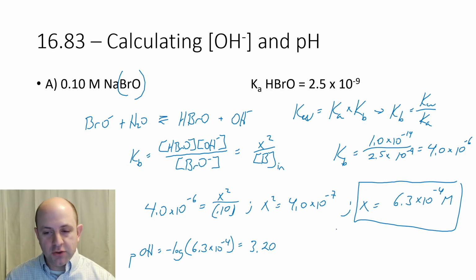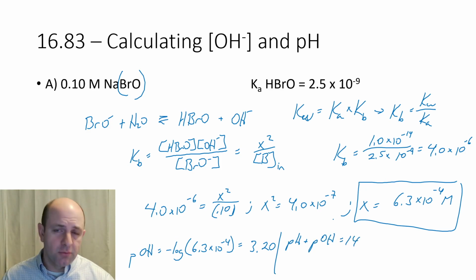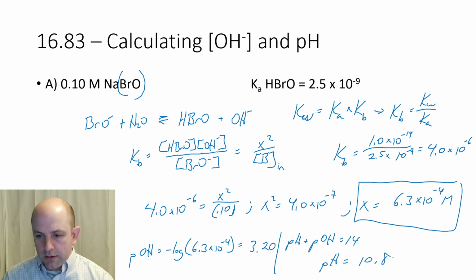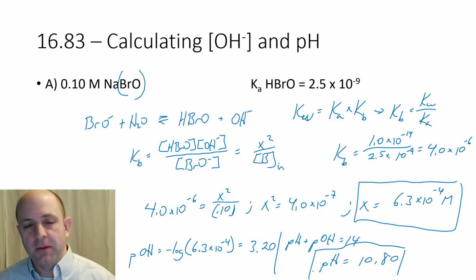So that's the pOH. And then we remember, hey, wait a minute, the pH plus the pOH must always add up to 14, assuming room temperature water. So if the pOH is 3.20, that means the pH must equal 10.80. And so there's your second answer for this problem.